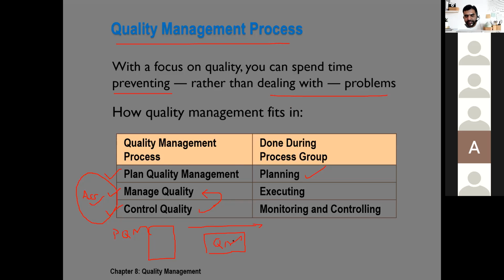Quality should be built in our deliverables. Quality control is the process that is executed when our deliverables are produced. So it is not something that is during execution. It is not something that is building. This is the work that we do at the end. For example, developers in the software industry write the code, testers come, and they test it with the help of many different techniques.